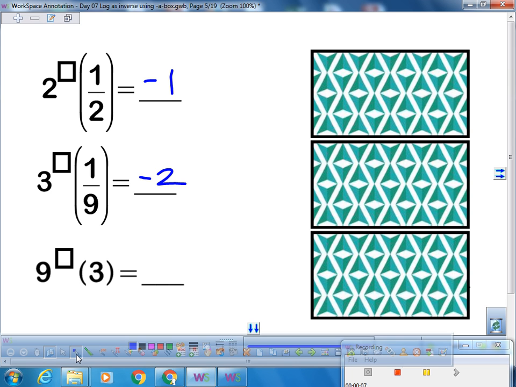One half. So 9 to the 1 half equals the square root of 9, which equals 3. Are we good? That one's hard, huh?